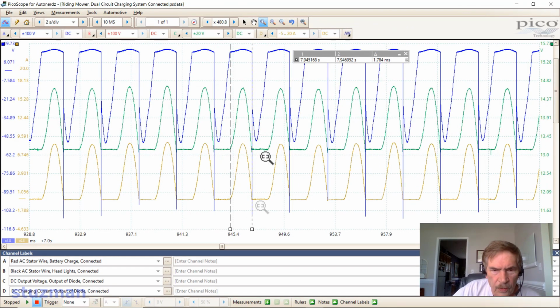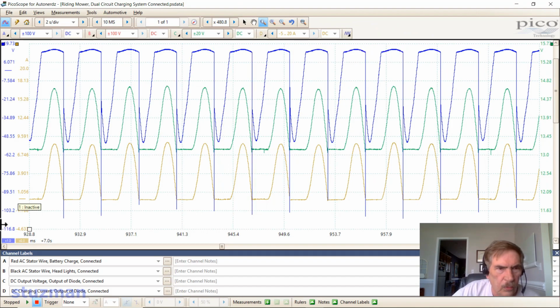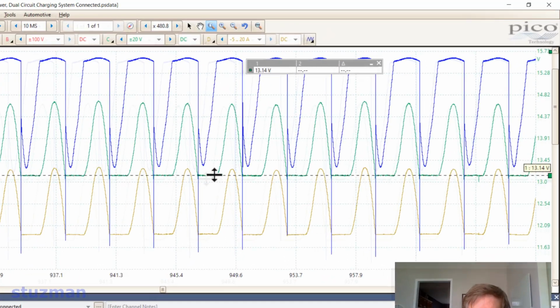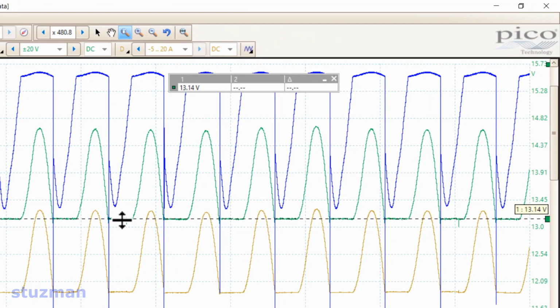Now let's take a look at the diode when it's turned off. If I come down here in this area and line up the cursor on this flat area, you notice that in our videos with the little circuits that we showed, when we used a test light and the diode turned off, across our load we basically had 0 volts.